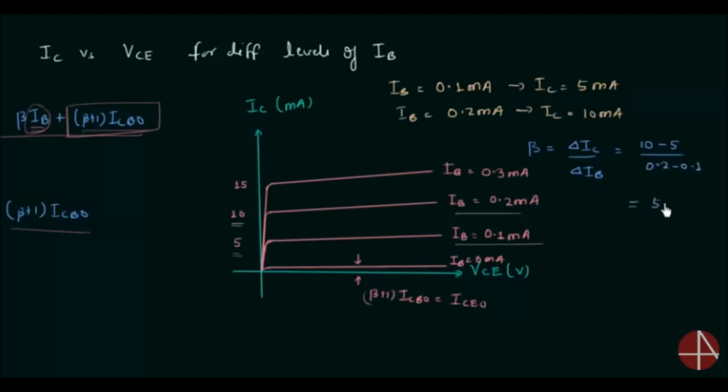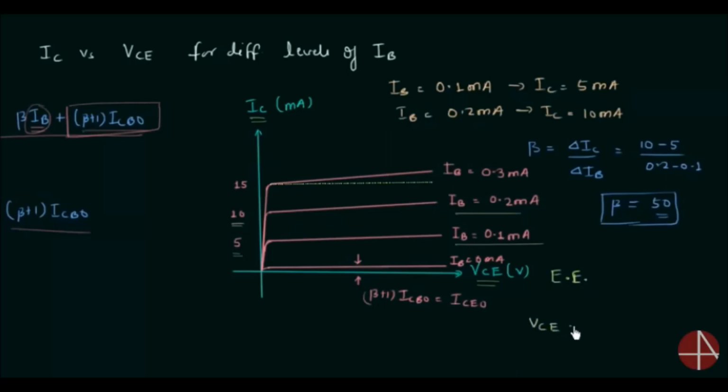When you solve this, you will have 50. So beta, the current amplification factor, is equal to 50 for this characteristic. And you can see the slope is not equal to 0. The slope is not equal to 0 because IC also depends on VCE due to the early effect.